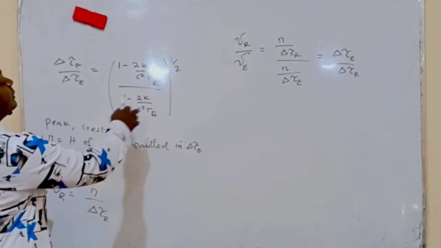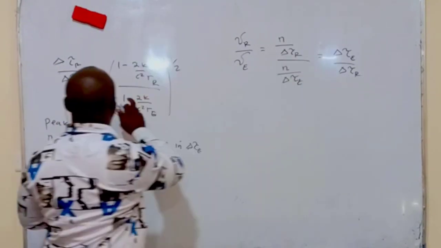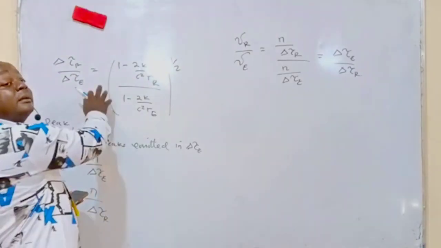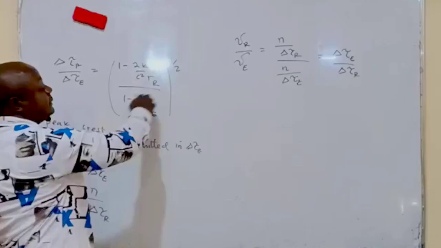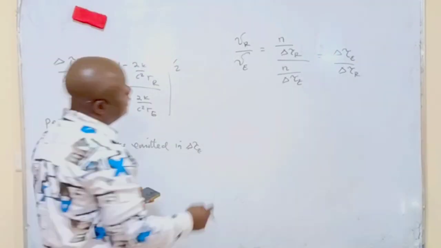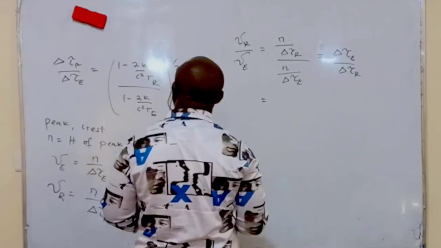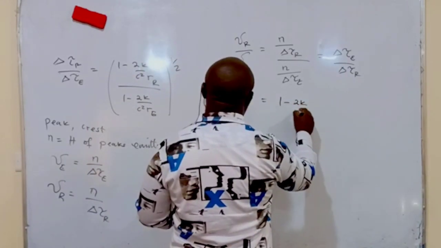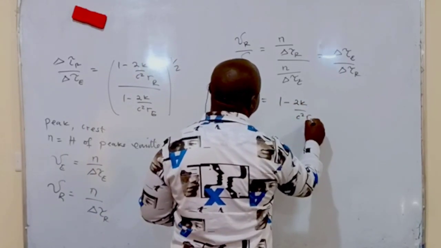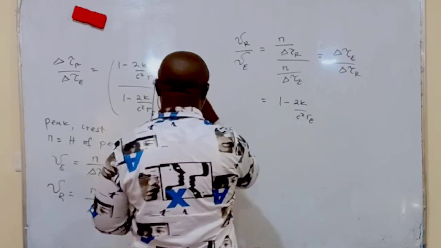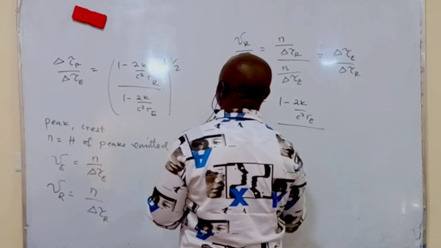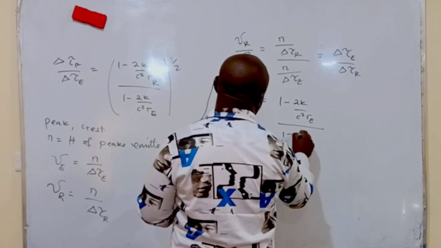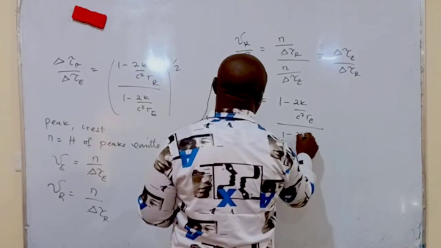And going by this, then this is the inverse of this, is that not? Comparing this and that, what we are saying is that this is the same as 1 minus 2k over c squared r_e, over 1 minus 2k over c squared r_r.